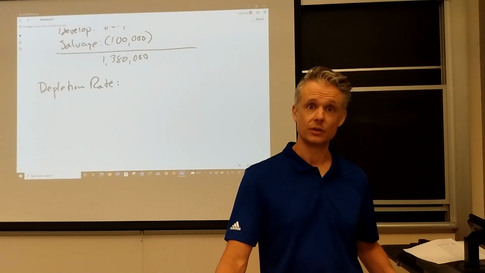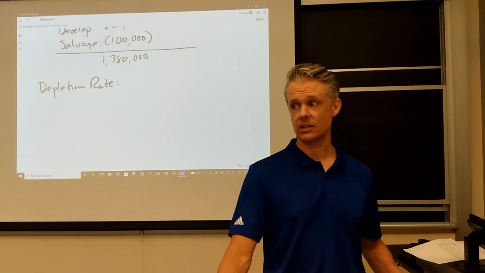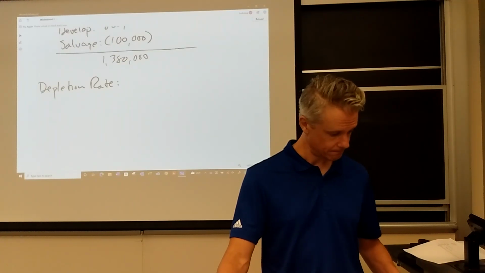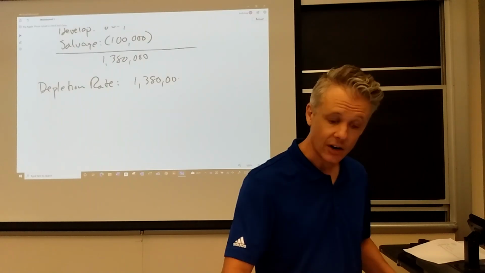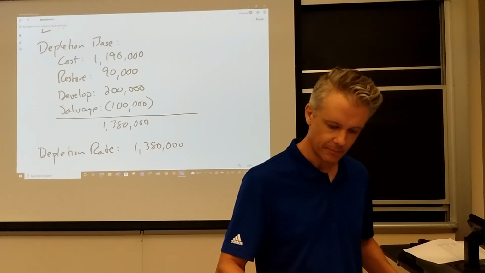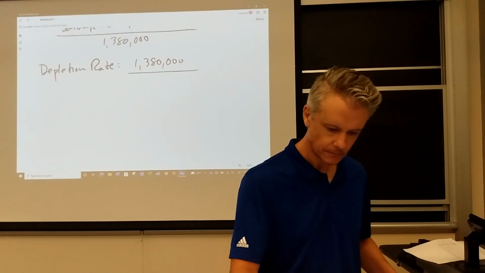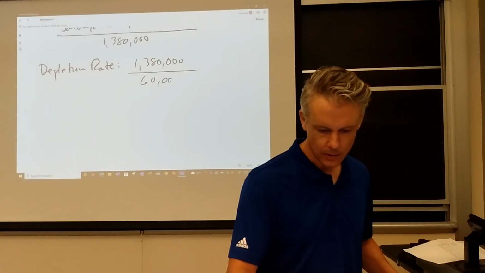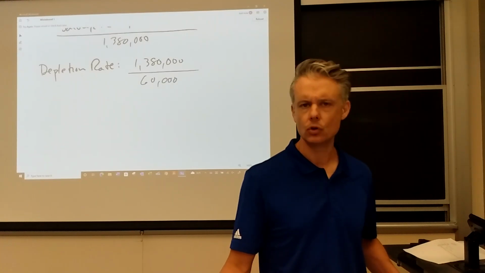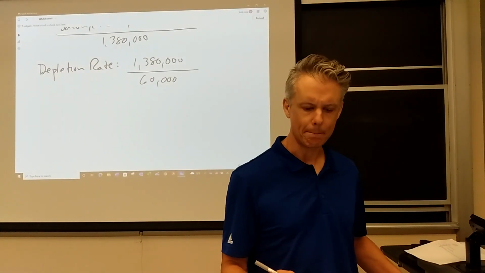So let's think about the depletion rate. Remember, in our depreciation example, we had a depreciation expense per unit. Very similar here. Our depletion rate is going to be our depletion base of $1.38 million divided by the estimated number of units that we estimate we will extract from this mine.